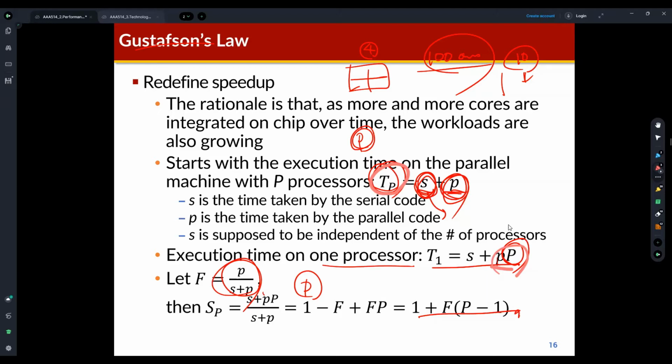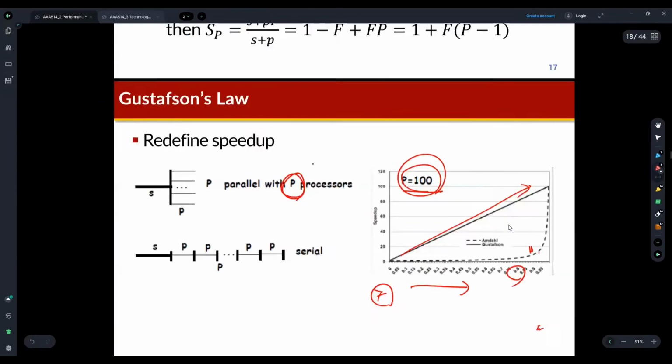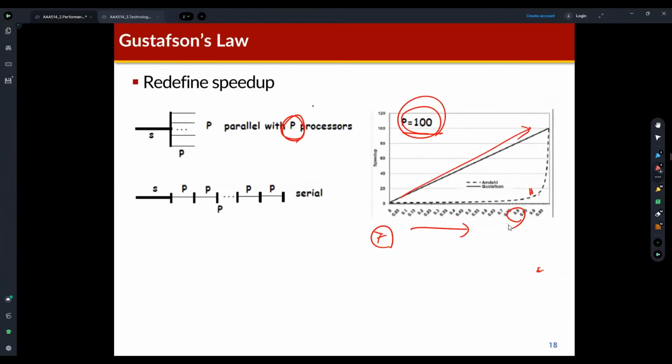So when Gustafson's law is applied, the performance is enhanced linearly. The performance of the new multi-core computer system is proportional to the number of cores. It's actually because the parallelizable part is also proportional to the number of cores. That's what Gustafson says.